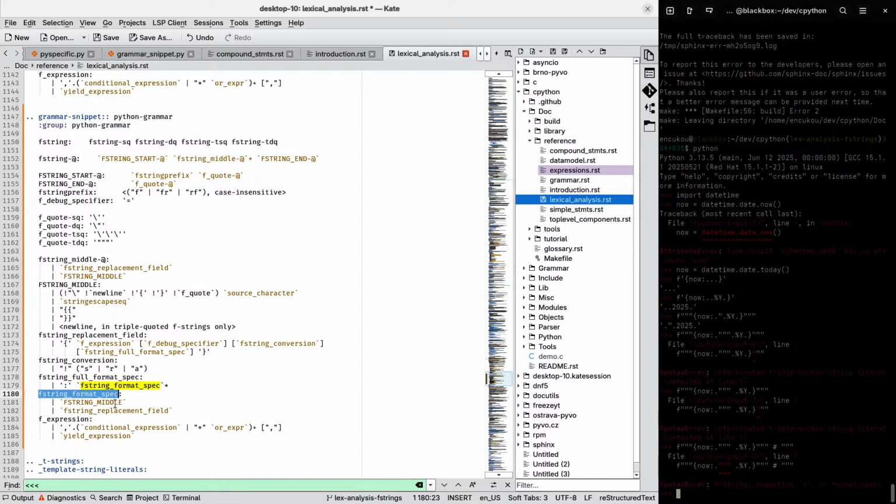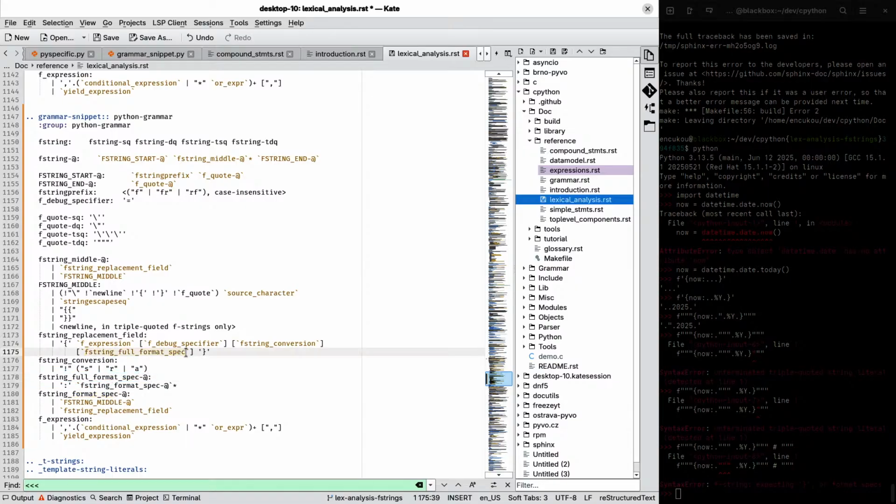Well, what that means for the grammar is that this f-string middle here is sensitive to the quote used to start the f-string, so that needs our little prefix in the grammar. So anything that uses string format spec needs it too. That means anything that uses this needs it.